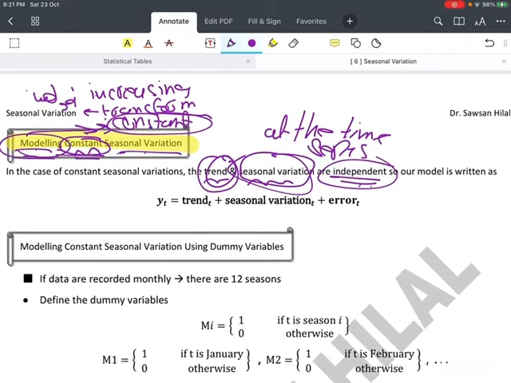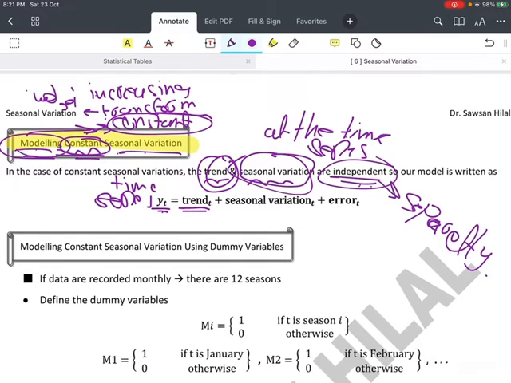So we will write the model independently, meaning separately. Here y of t is the time series. You will see that the trend is a plus b t, plus some code for the seasonal variation, then e t, the error.